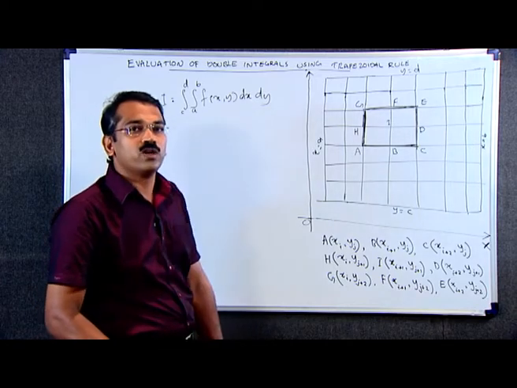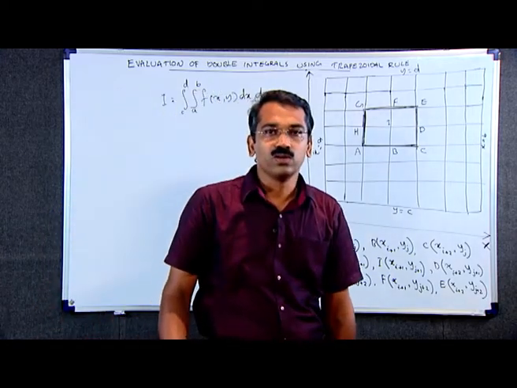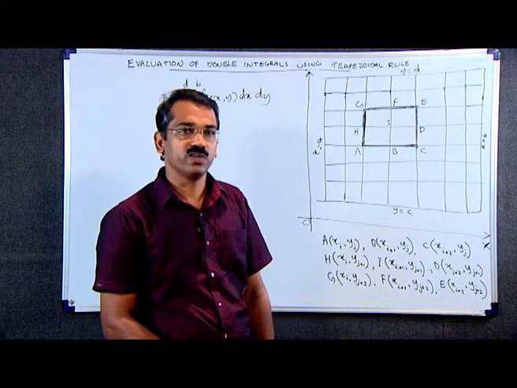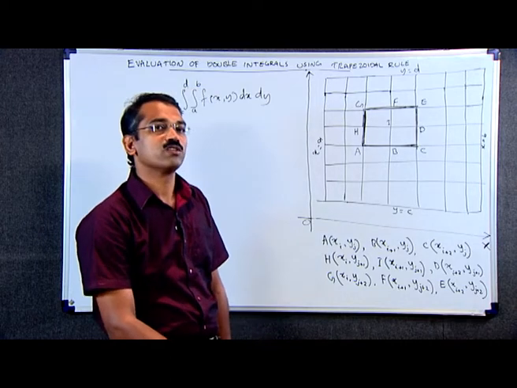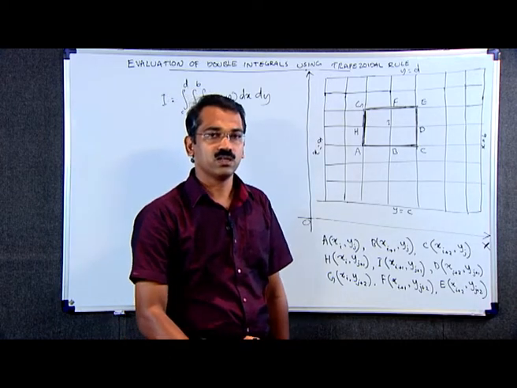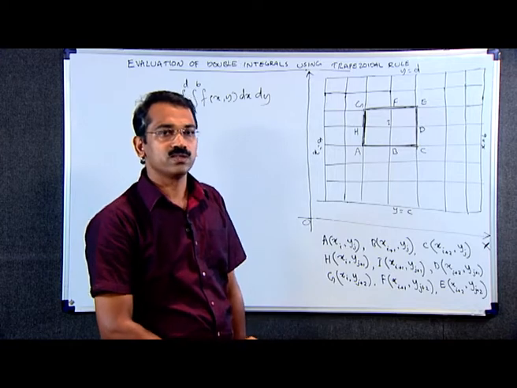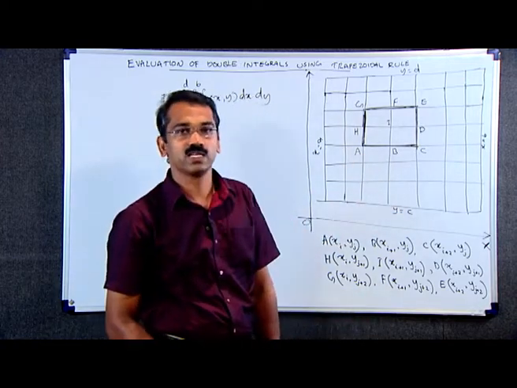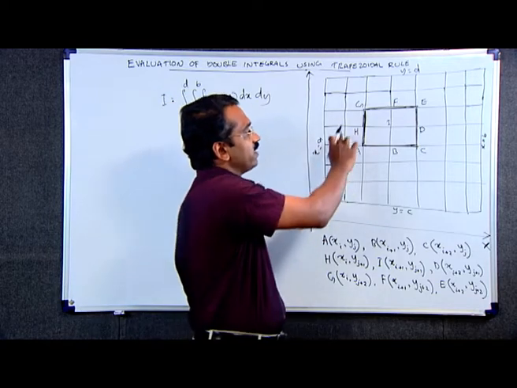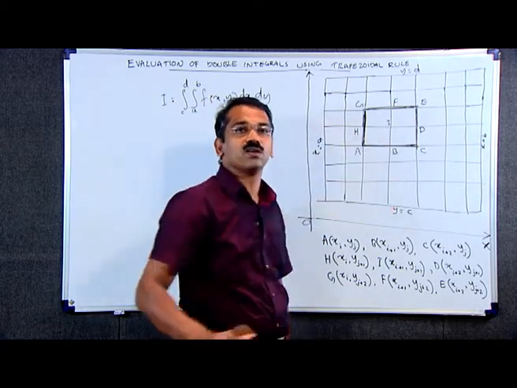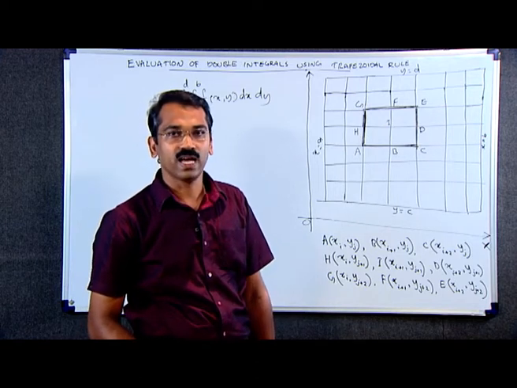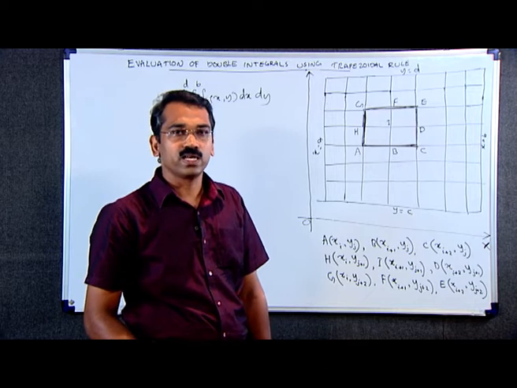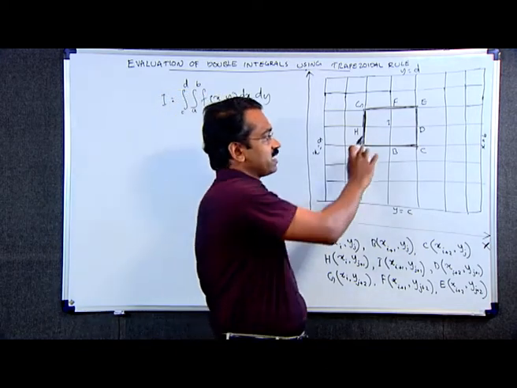Now, in order to apply the trapezoidal rule, the truncation error in the value of the definite integral can be reduced by taking the length of the interval of integration small. In view of this, we divide the total rectangular area of integration into smaller rectangles like this, each of dimensions h and k. Now, evaluate the double integral over each of the sub-rectangles.